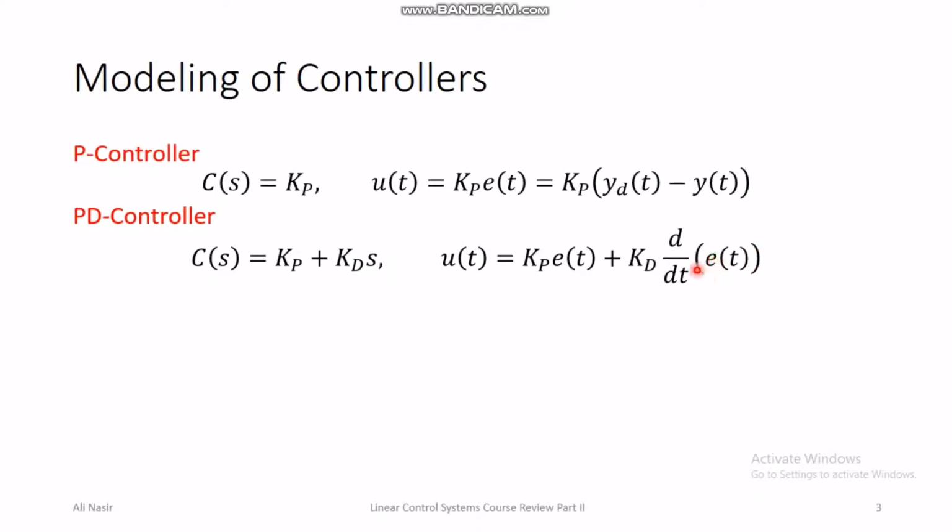You can see here that the PD controller not only works on the error itself, but it also works on the rate of change of the error. Higher the rate of change of the error, higher will be this Kd term, and lesser the rate of change of error, lesser will be this term. So the effect of this term will be higher when the rate of change of error is high, and lower when the rate of change of error is low.